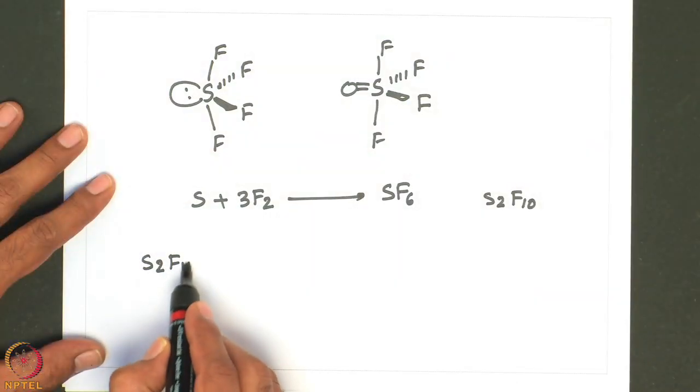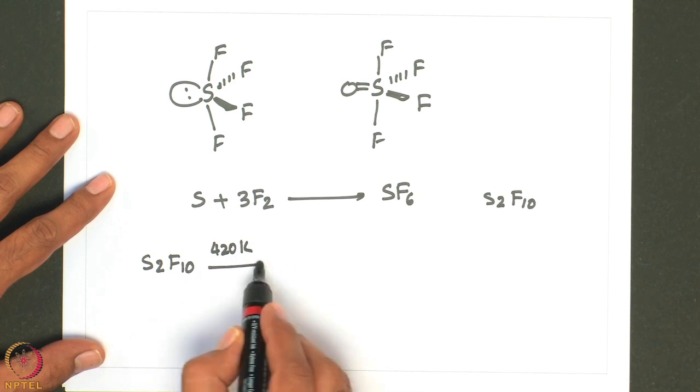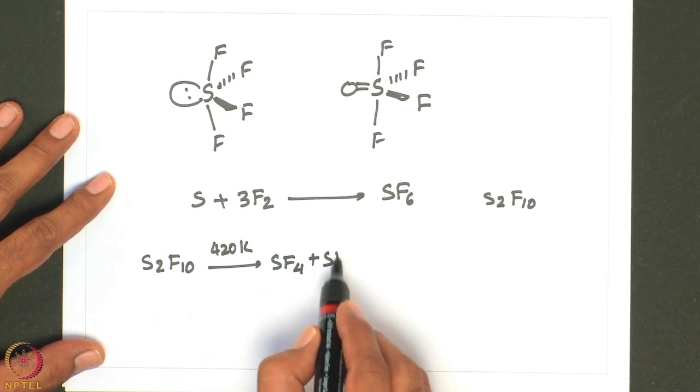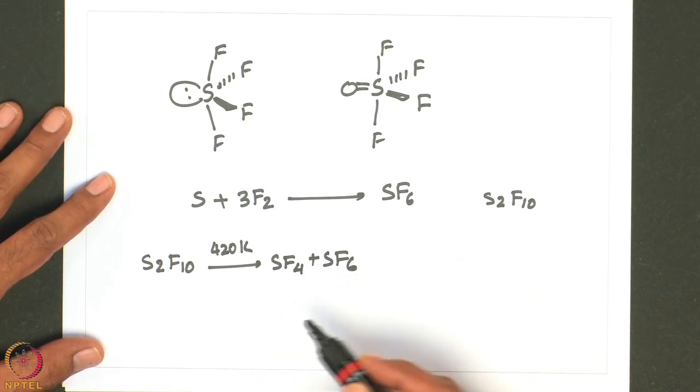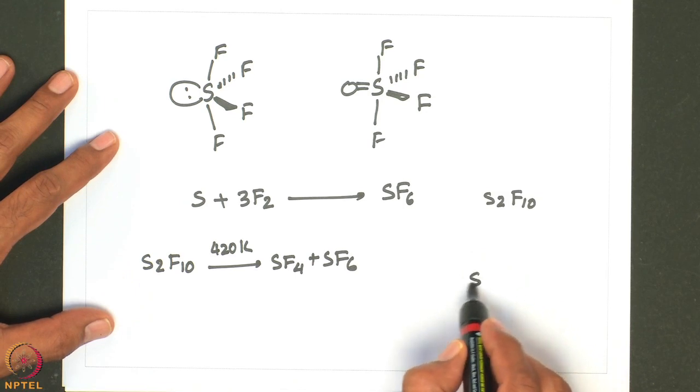Molecules of S2F10 have the staggered structure. It disproportionates when heated and is a powerful oxidizing agent. For example, S2F10 when it is heated to 420 Kelvin, it forms SF4 plus SF6. If you are curious to know the structure of S2F10, here it is.